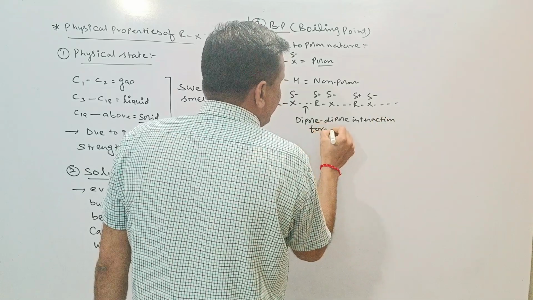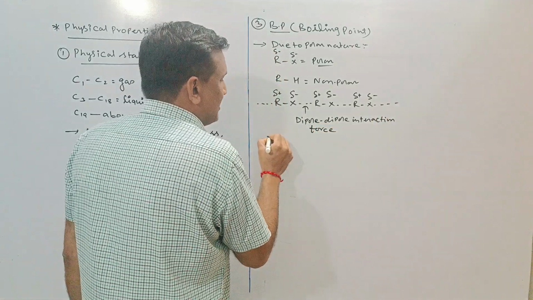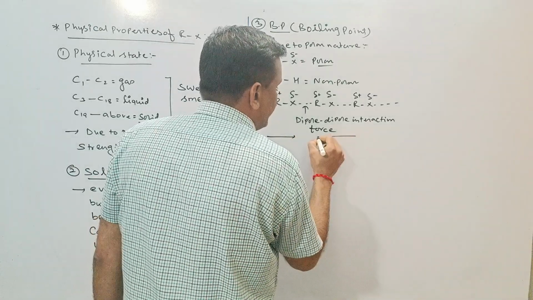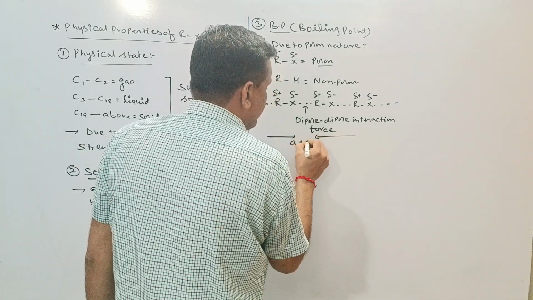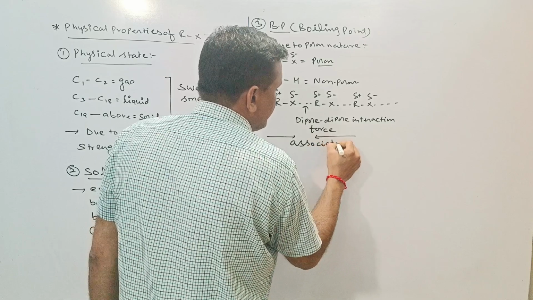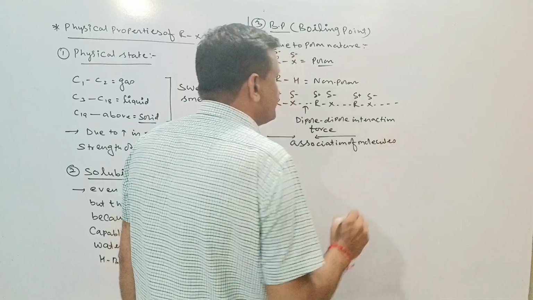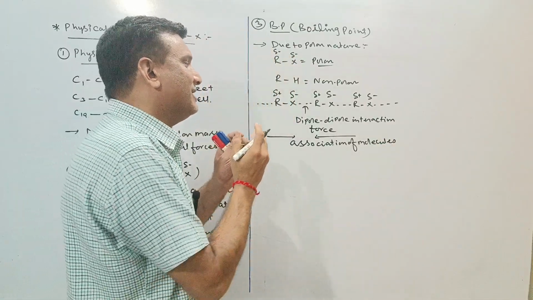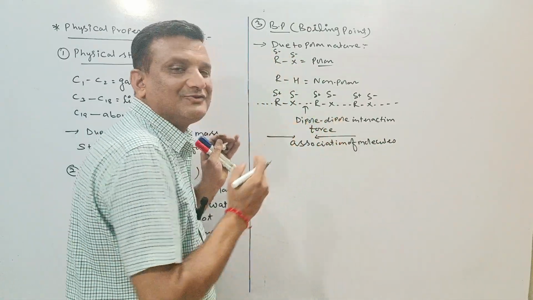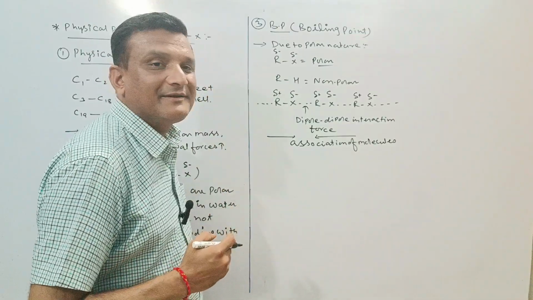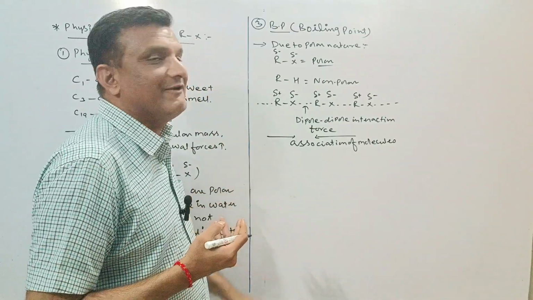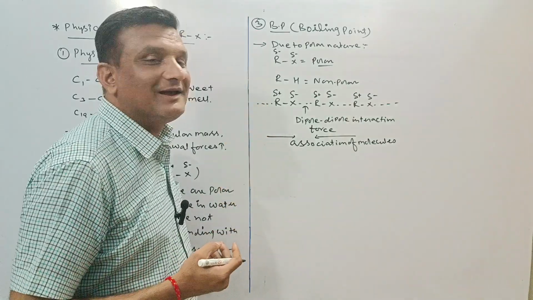Due to the dipole-dipole interaction force, there will be association of molecules as compared to alkane. So a large energy is required to dissociate the association as compared to alkane. That's why these have a high value of boiling point than their alkane also.